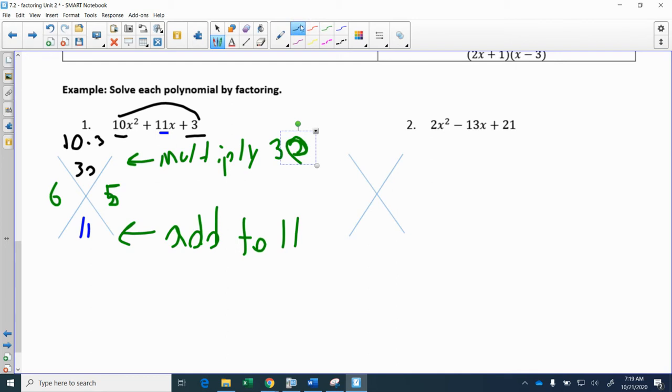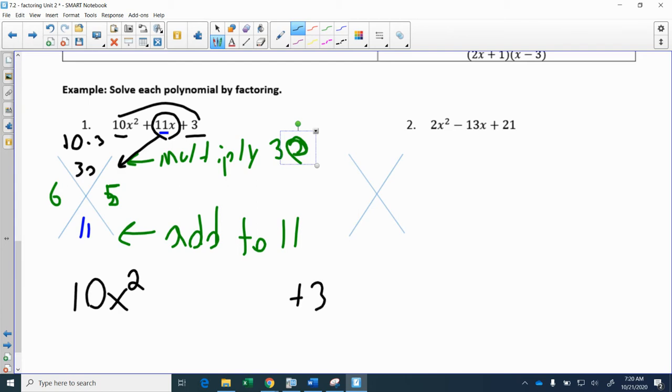Now I have to start to rearrange the problem. I want to get to the step we had yesterday, where we were grouping values together and taking out a GCF. In this problem, I look at it as almost the same thing, but what I'm going to do is split this middle number up. So this 11 is going to be split into the two numbers we have here. I'm going to rewrite 10x squared and positive 3.